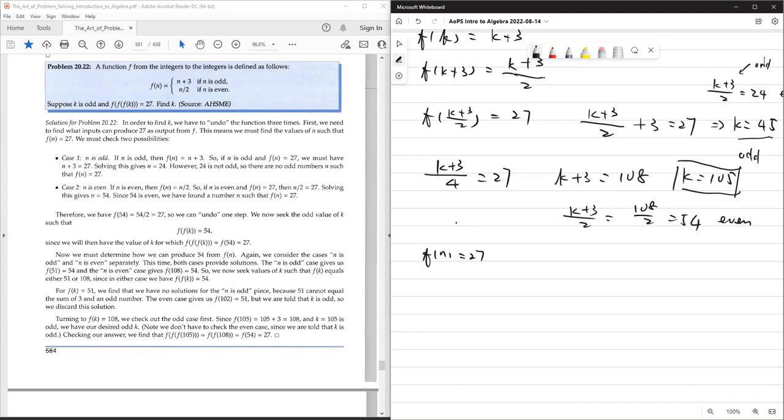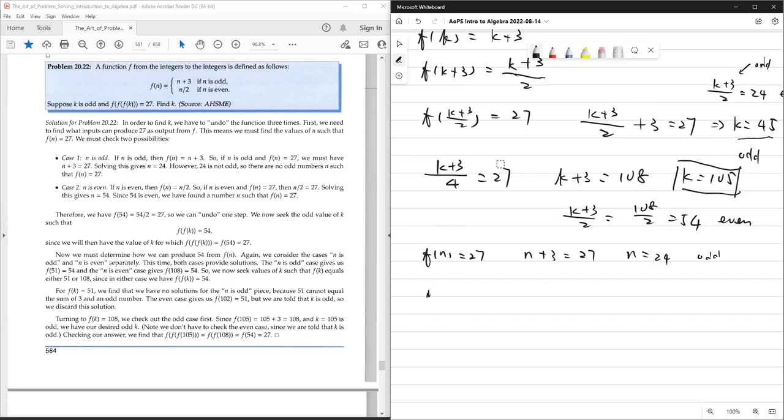How would it end up with 27? If n is odd, then n + 3 equals 27, so n is 24, but n has to be odd. So this one does not work, similar to what we have over here. Case 1 does not work, so n has to be even.